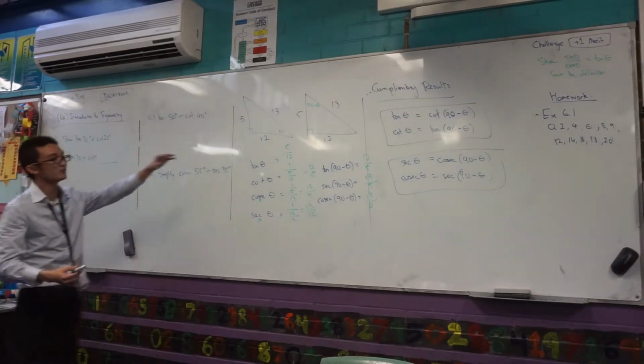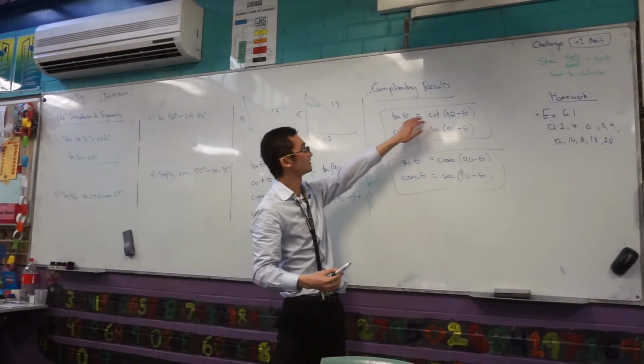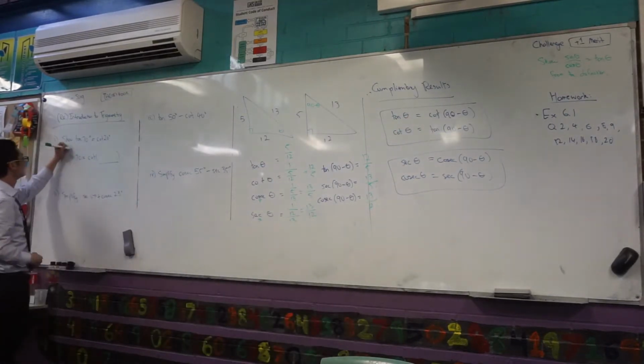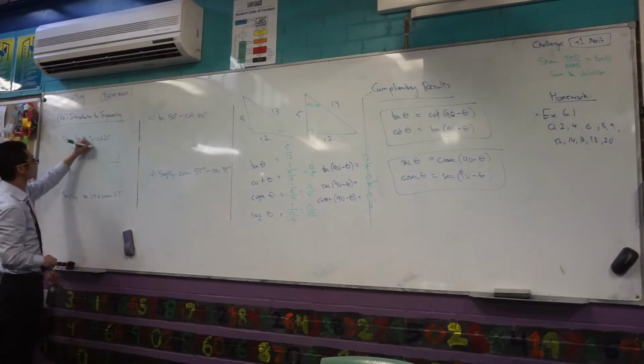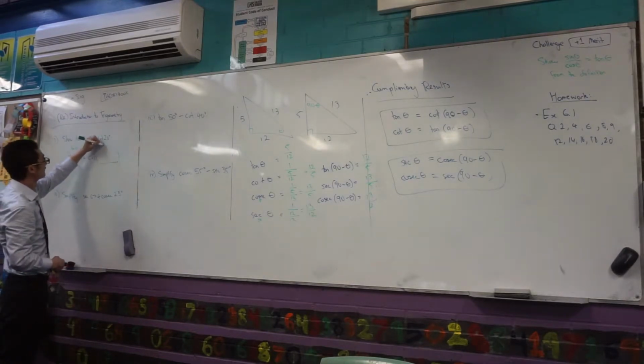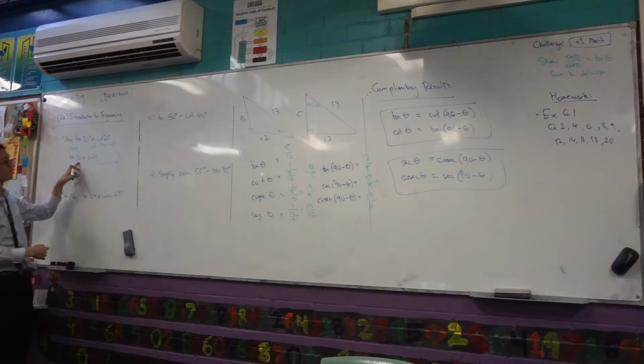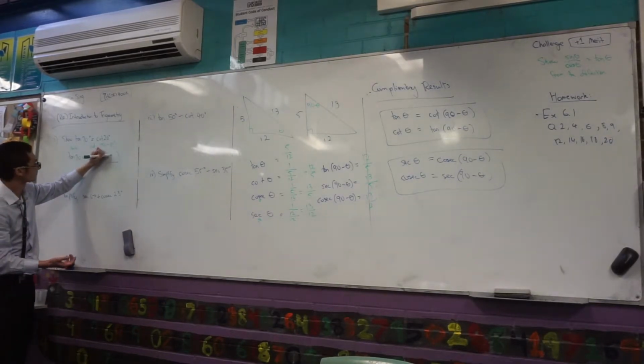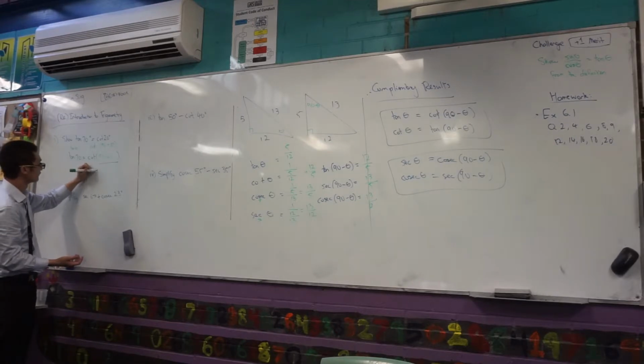I go to my complementary result: tan theta is equal to cot 90 minus theta. In this case my theta value is 20. It doesn't matter what size this angle is, I can always apply it. So that's 90 minus 20, which gives cot 20 degrees.